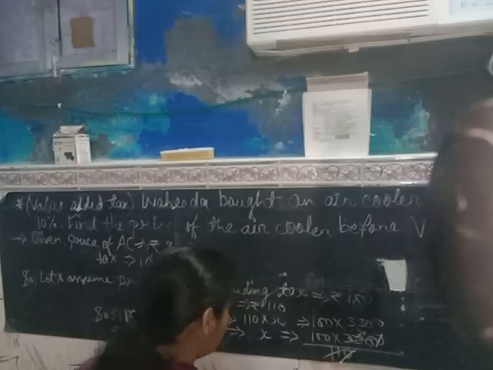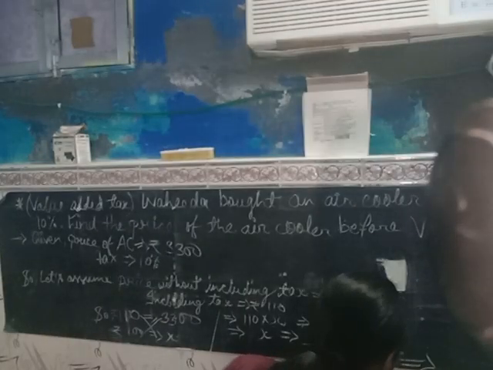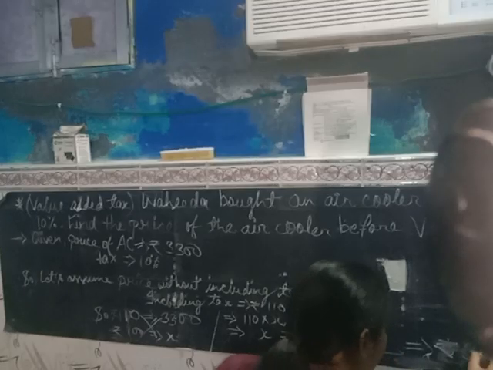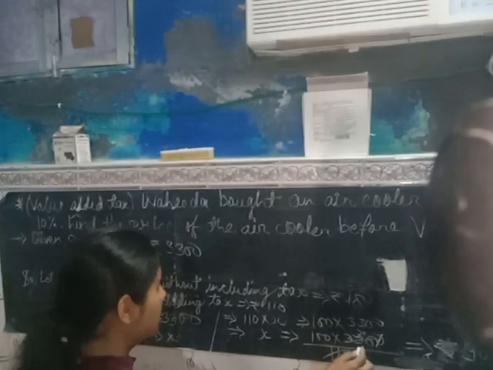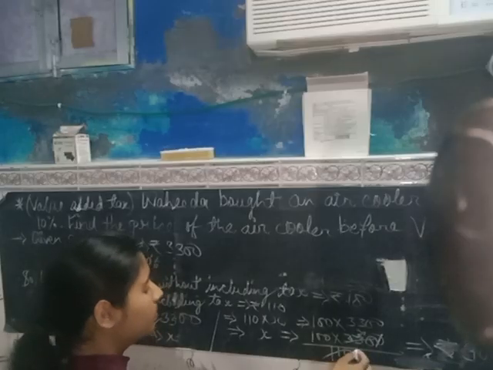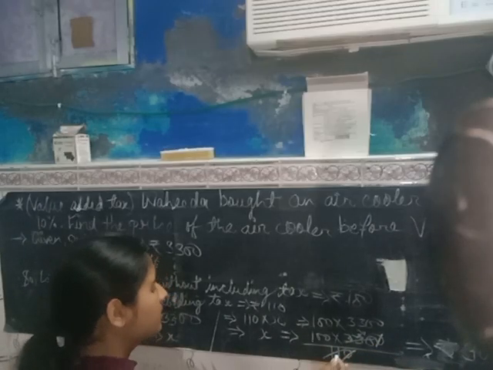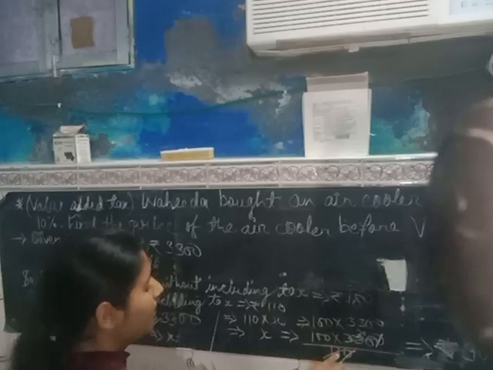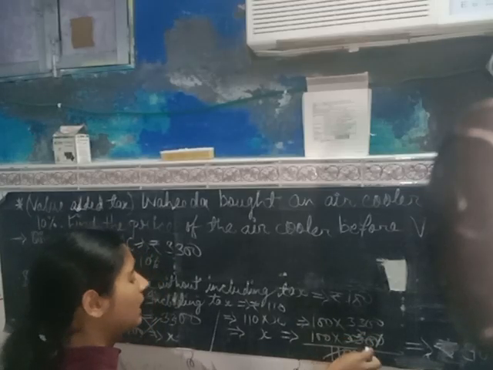So the answer is 3,000 rupees. 110 is here and 3,300, so 10 and 10 are cut, and then here it is 11, so I cut 330 by 11, so it is 30, and then here it is 1, and then I multiply 30 by 100, so it will be 3,000.